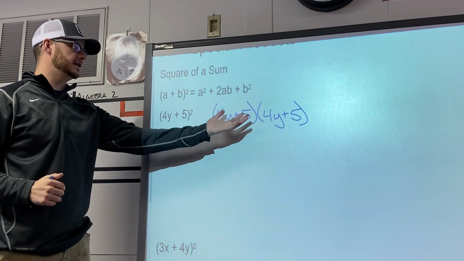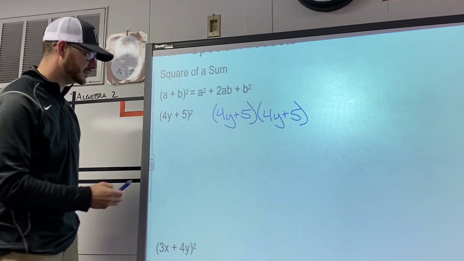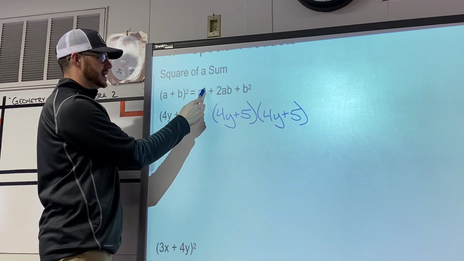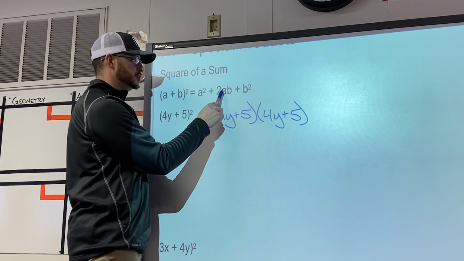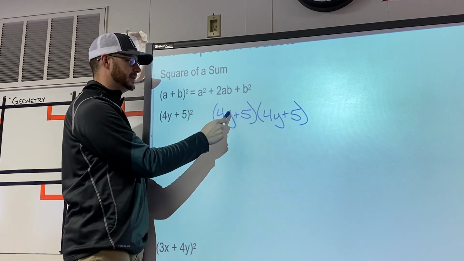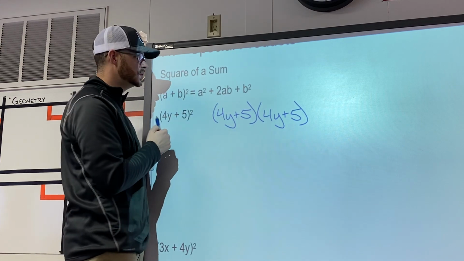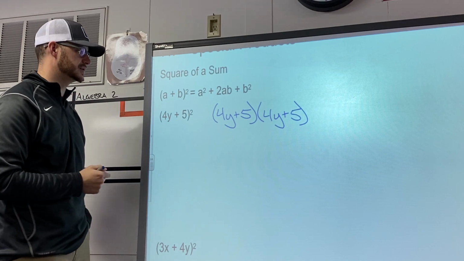But if you see that, you can simplify that to 4y plus 5 squared. And the pattern that this will always come out to is a squared, or your first term squared, plus 2 times a times b. So you would multiply your first term by your second term, multiply that by 2, and then plus b squared, or your second term squared.